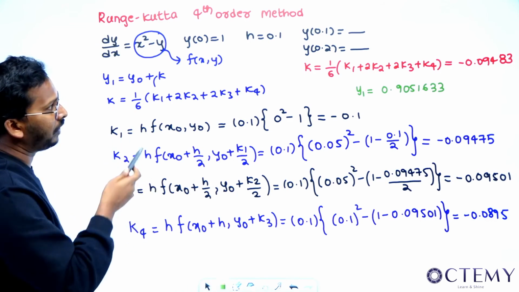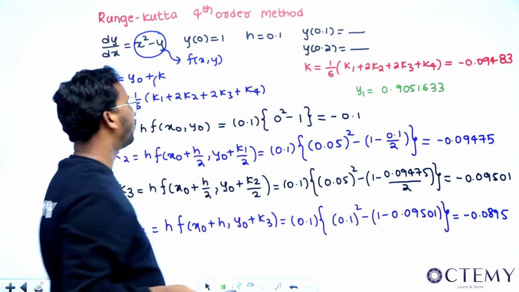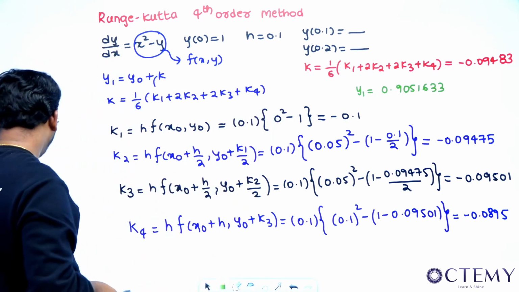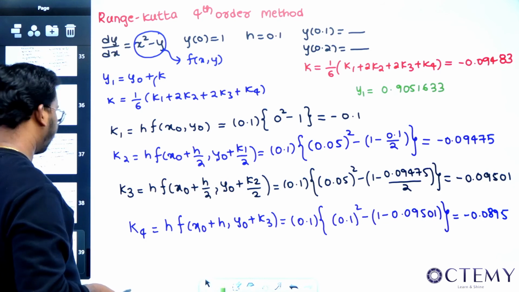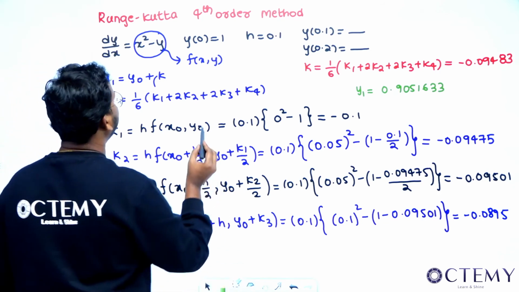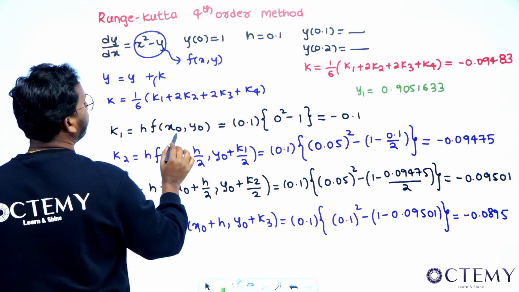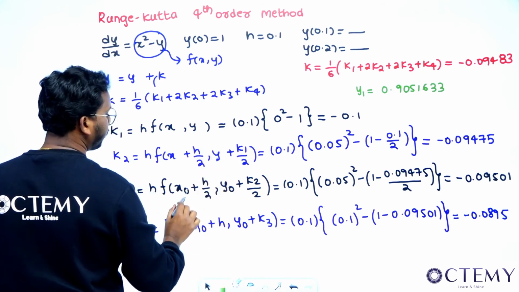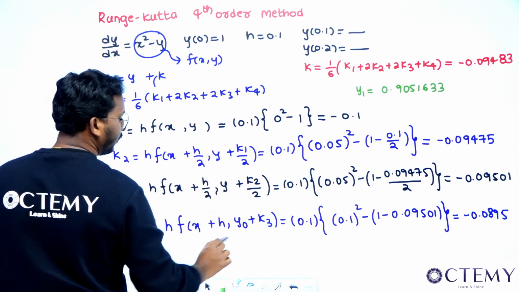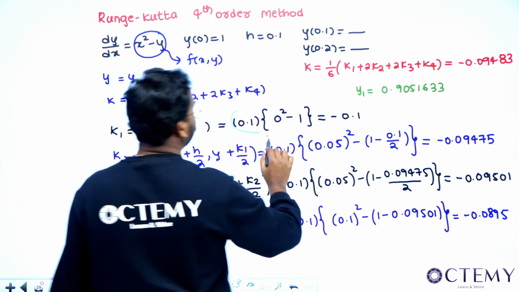But I have to find one more point, y at 0.02. So see sir, what will that become? That will simply become like this. All of this will change, and let me rub all of this.